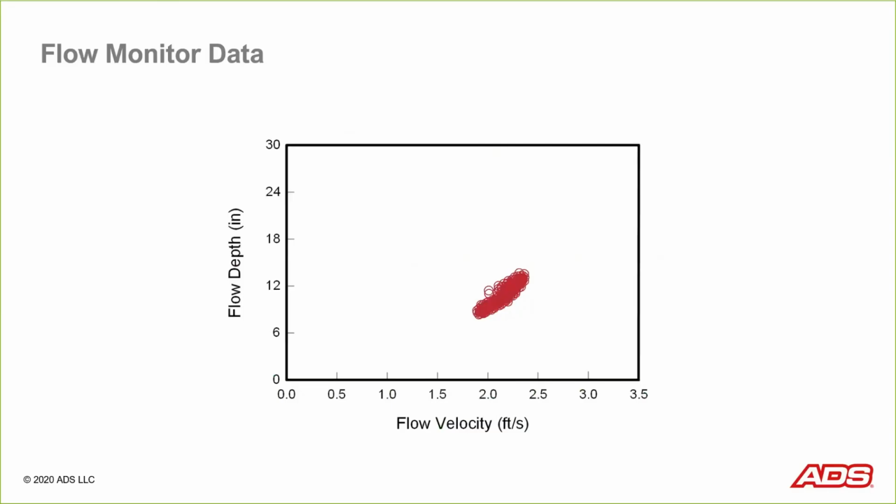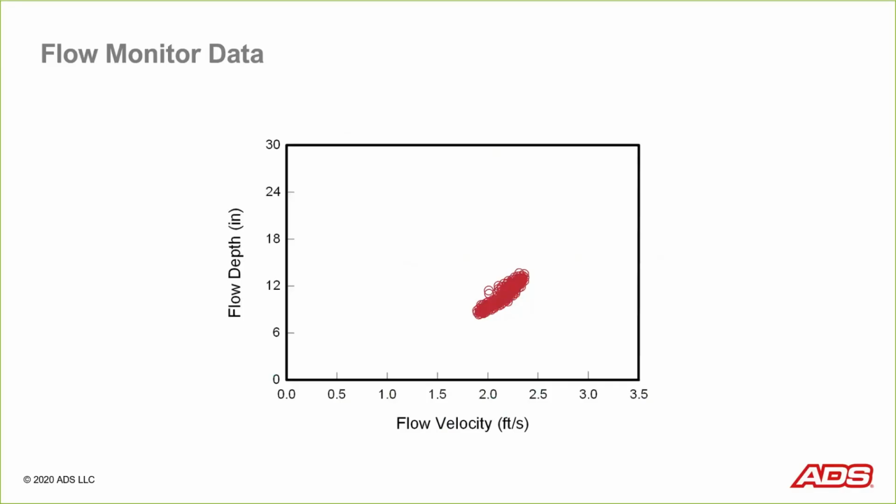Mathematically, we all understand what a scattergraph is. It's just one variable plotted against another, and we use this to investigate some kind of trend. Initially, when we first started using scattergraphs at ADS, this is really what we were using them for, as a QA/QC tool to understand, do we have good repeatable data?